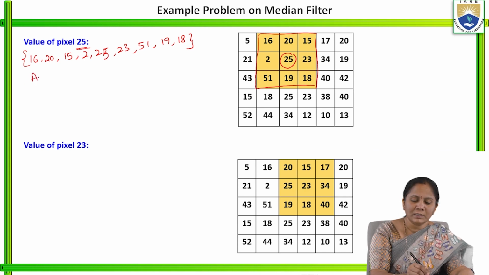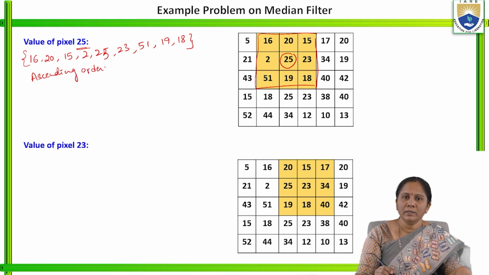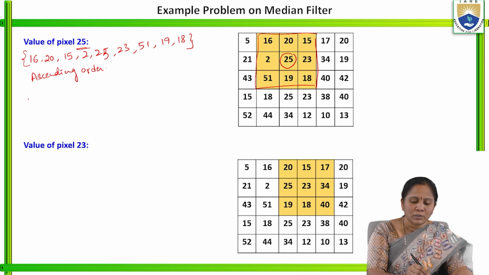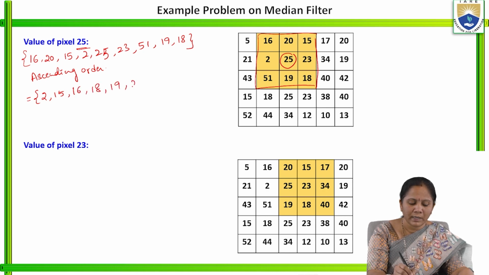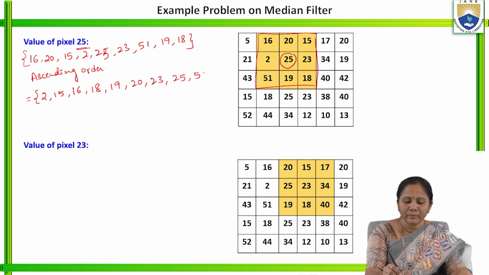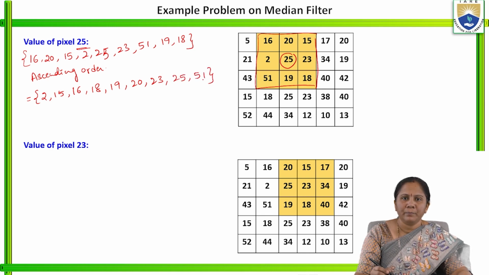After this, we have to arrange them in ascending order. If we arrange them in ascending order, we will get 2, 15, 16, 18, 19, 20, 23, 25 and 51.